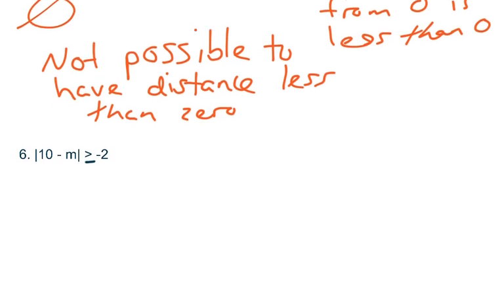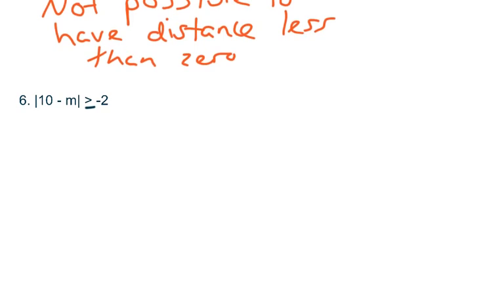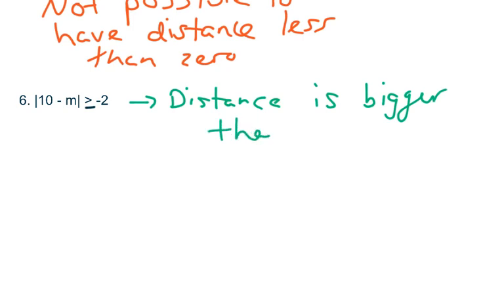Now number 6 says 10 minus m, the absolute value of 10 minus m is greater than or equal to negative 2. So this says the distance of whatever 10 minus m might be is bigger than negative 2. The smallest distance we can have with this one, with any of these absolute value inequalities, is 0.